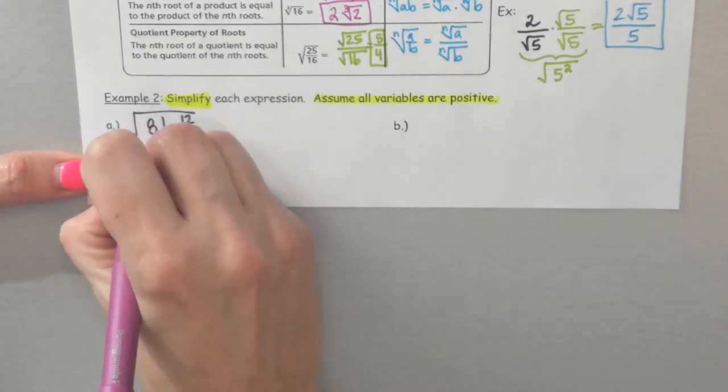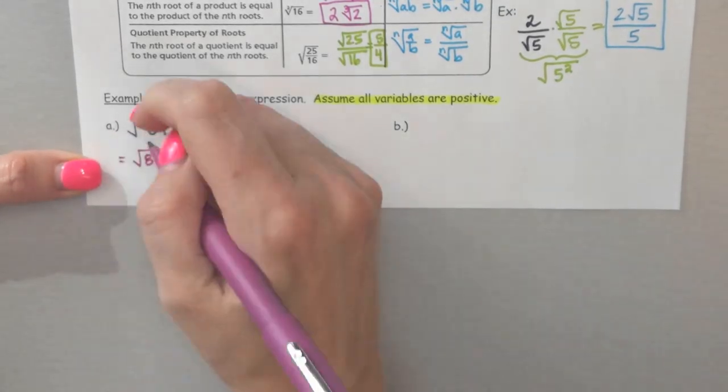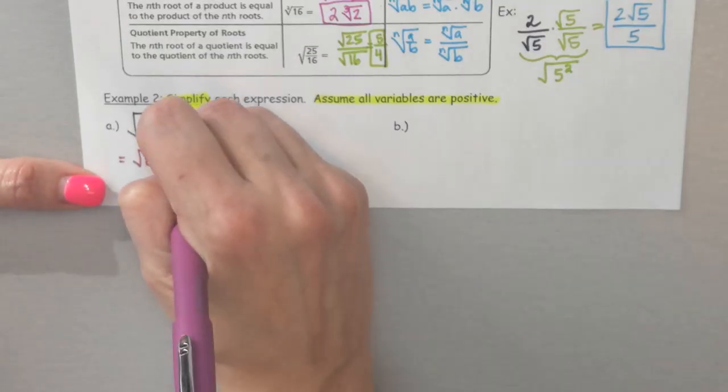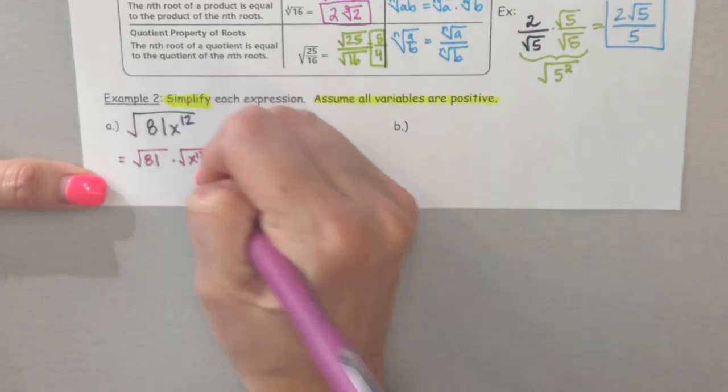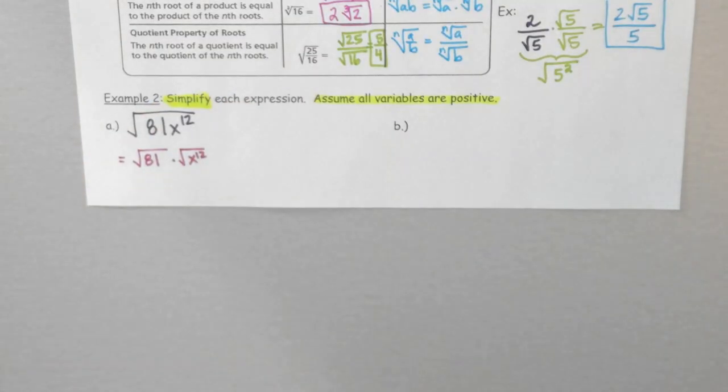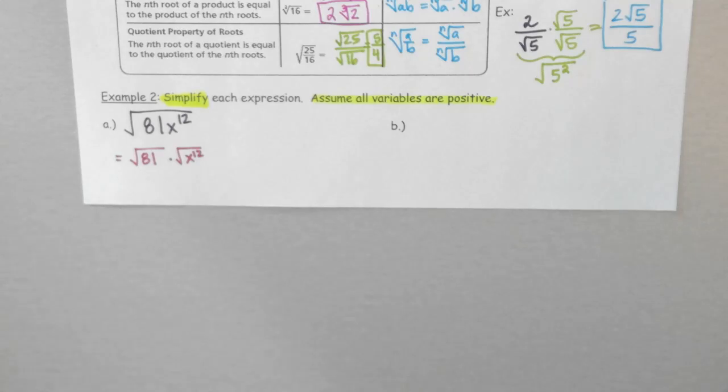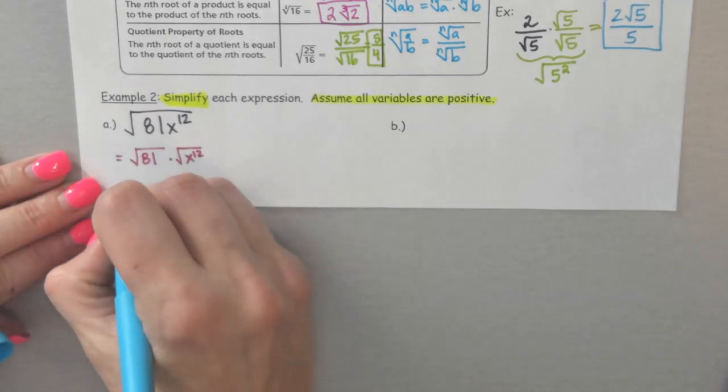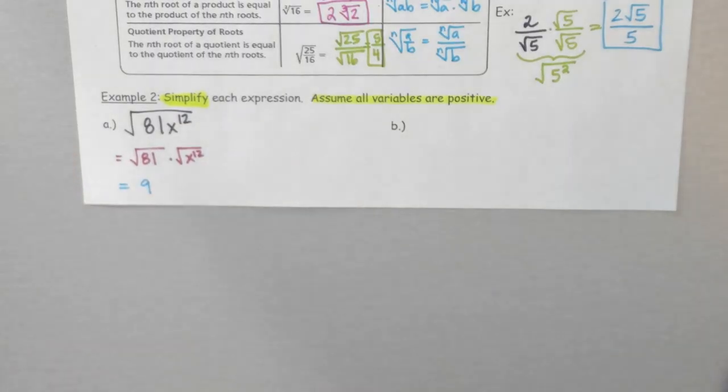When you have a number and a radical, you have the square root of 81 times the square root of x to the 12. The part that you're going to know how to do is the square root of 81 because that's a perfect square. So we know that the square root of 81 is what? 9.